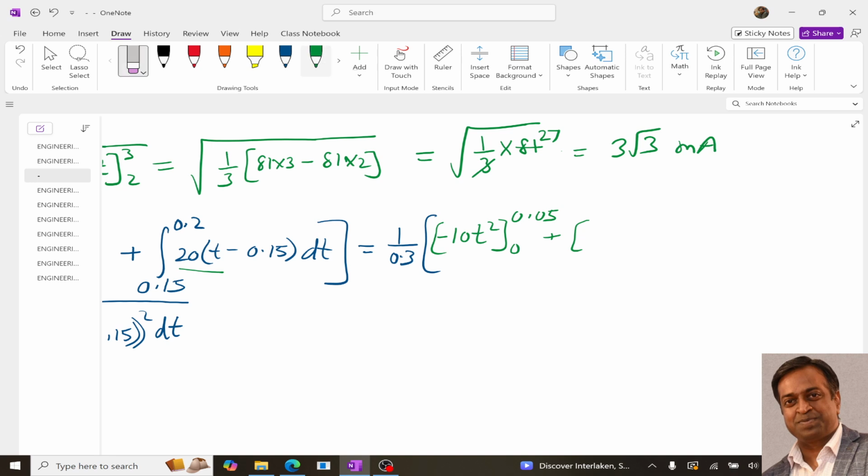So it will be 20t, integration will be 10t square minus 20 into 0.15, it will be 3, right? It will be 3. So integration of 3, it will be 3t, right? And the limits are from 0.15 to 0.2.